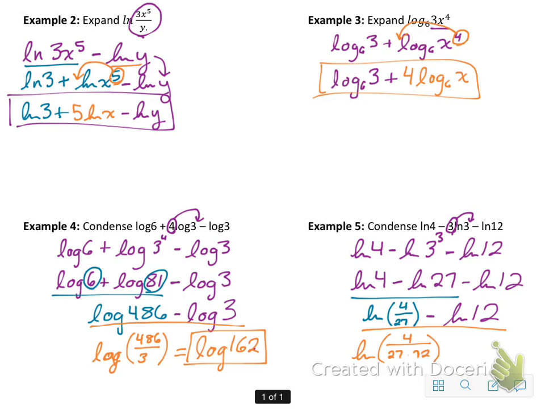Okay, so we have 4 over 27 times 12. Well, then we're going to simplify that as best as we possibly can, and when you do that, you get the natural log of 1 over 81, right? Not pretty, but it's okay. And we're done. So, be ready to use your power, quotient and product property in class. Have a great day.